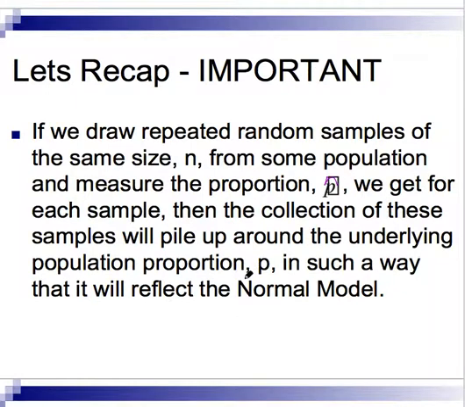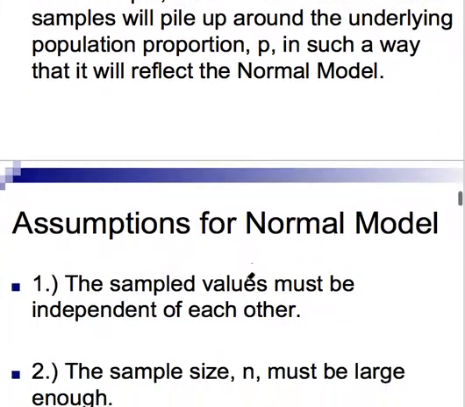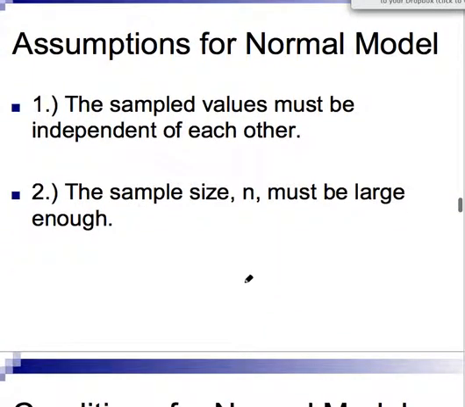So we have the center and we have these different samples we've collected data from, looking for a particular characteristic. By taking a variety of random samples, we know that it's going to center around the mean. Okay, so there are a couple of assumptions that we have to make. The sampled values must be independent of each other, and n has to be large enough.